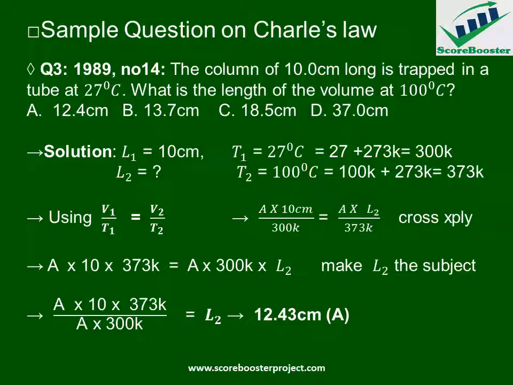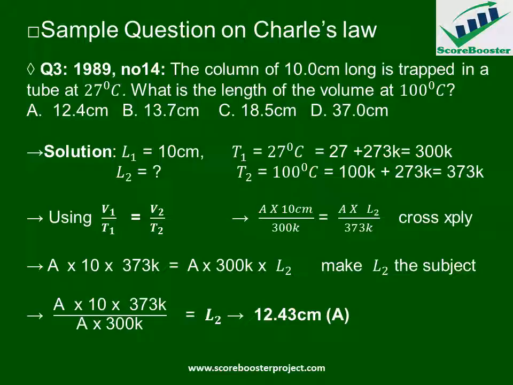So using the equation of Charles's law, V1 over T1 equals V2 over T2. When we substitute, in this case, since our volume is not given directly, the volume is equal to area times length, and hence since the same tube is used, the area 1 will be the same thing as area 2.